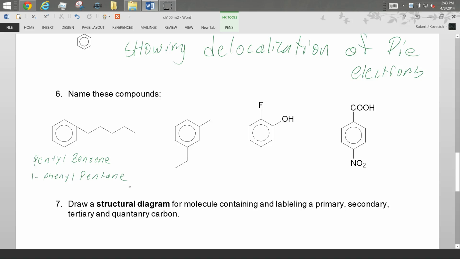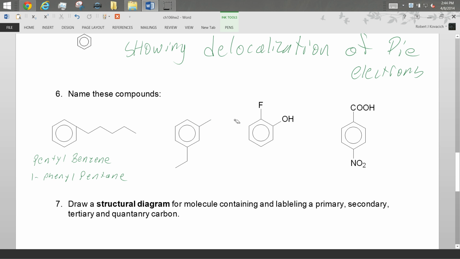Well, you could put benzyl pentane, but benzyl and phenyl are the same thing. How come it's not toluene? Because there's 5 in a row, and toluene is 1 carbon attached to it. So here's a toluene right here. That right there is a toluene. But if this got longer, that's not a toluene anymore.